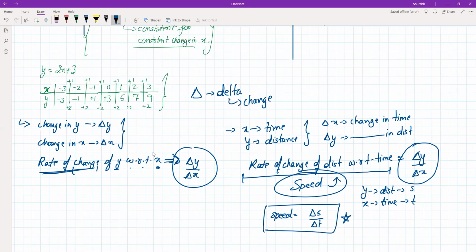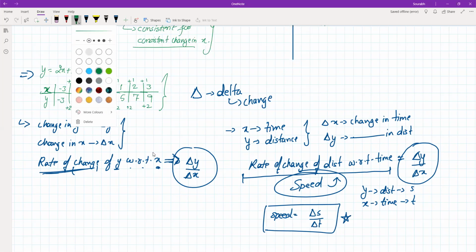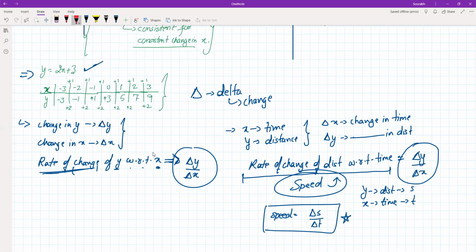Okay, now coming back to the earlier expression. This also represents that y is changing with x, and we have drawn so many points, right? So suppose now I take 2 points out of this, say point -2 and point 1. This point will be called x1, and this point x2.